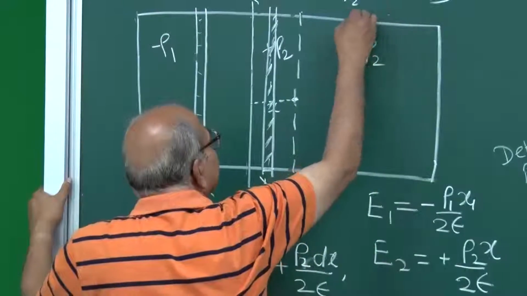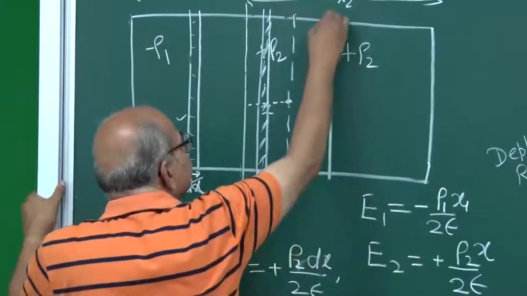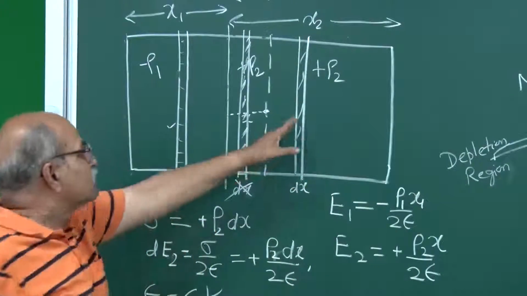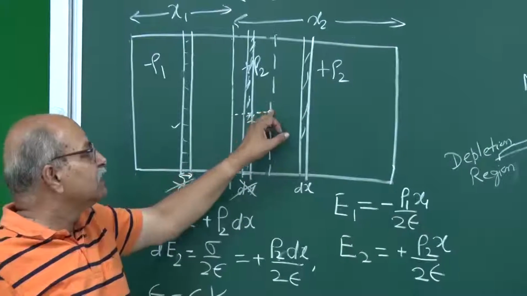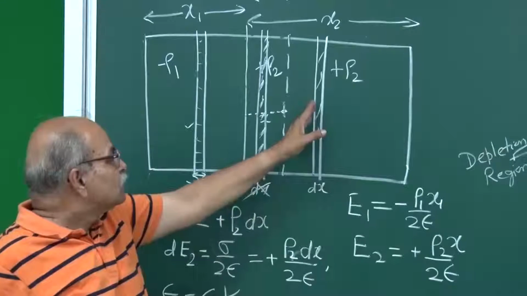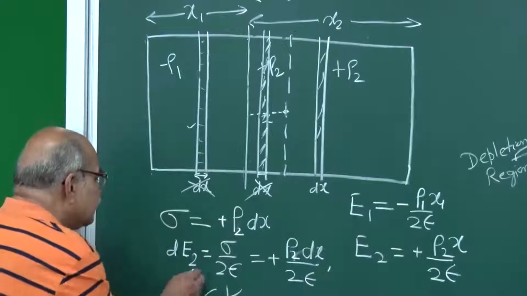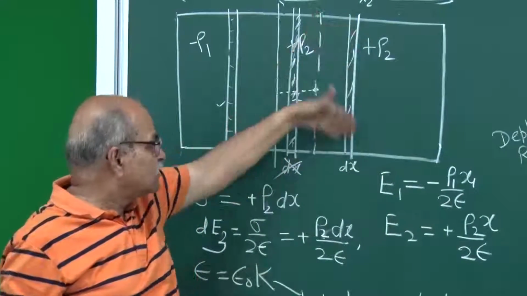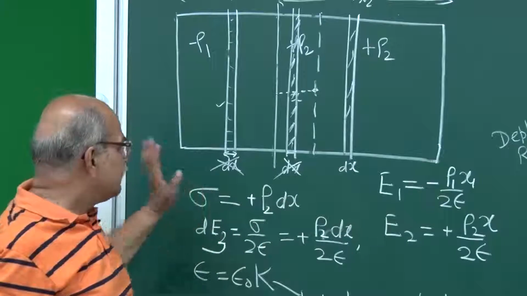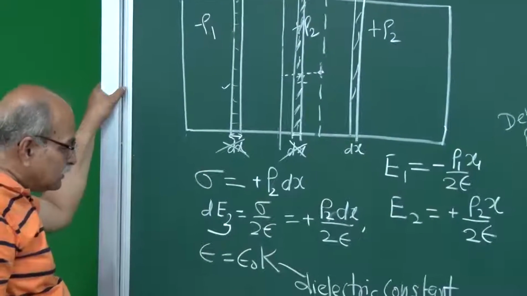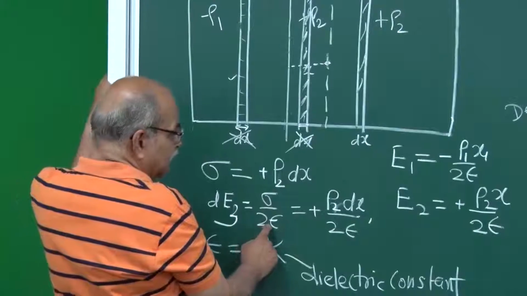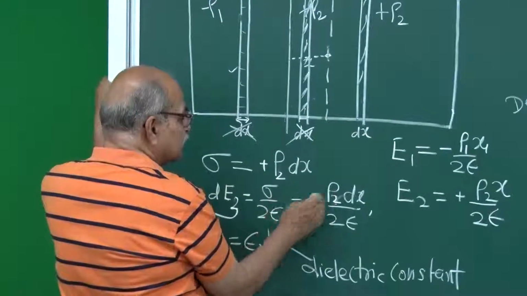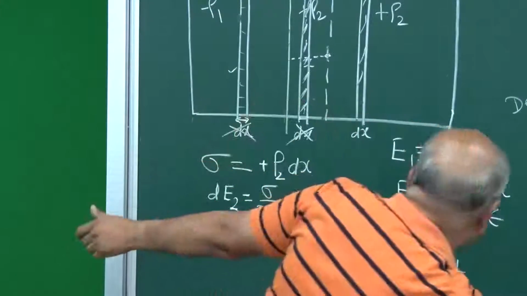So now let me take a layer here, this dx, and because of this you calculate what is the electric field here and then integrate from this point to that point. So once again you can write dE3. The sigma remains the same because this is plus rho 2, so rho 2 times dx. dE3 is sigma over epsilon, which is rho 2 dx over 2 epsilon, but now it will be in the negative direction, right?